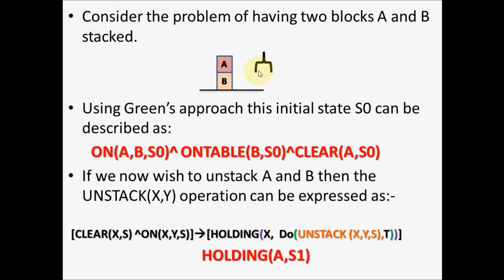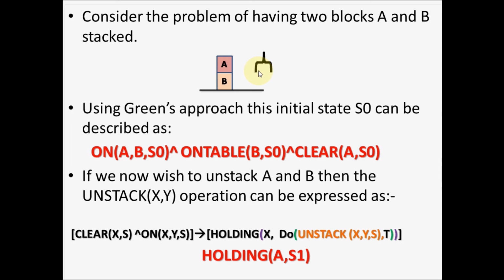Note that the transition has happened from state S0 to S1. Block A was on top of B. Now after the transition, in state S1, block A is in the robotic arm, correct? But what about block B? Block B, which was earlier on the table, is still residing on the table. So block B's position has not changed. But do we have to specify this to the system, or will the system assume this?